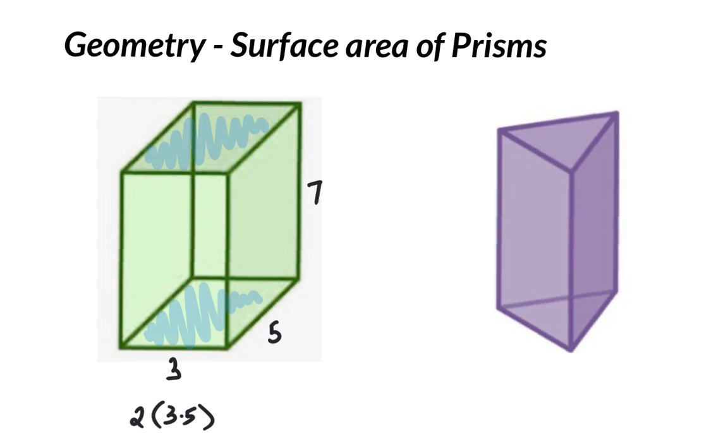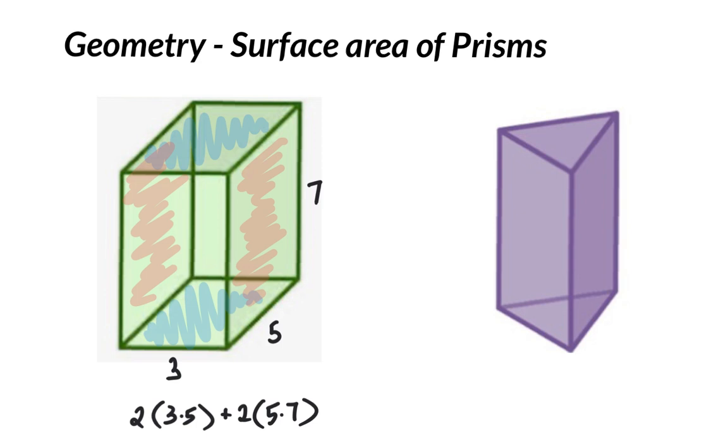So there's 2 of my sides. Next, I've got this side over here and this side right here, which are 5 by 7. So again, I've got 5 times 7. They're rectangles. I've got 2 of those. I'm going to add these together. So far I've got 4 sides.